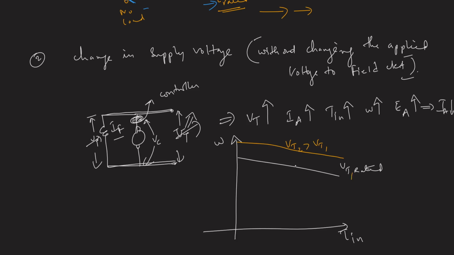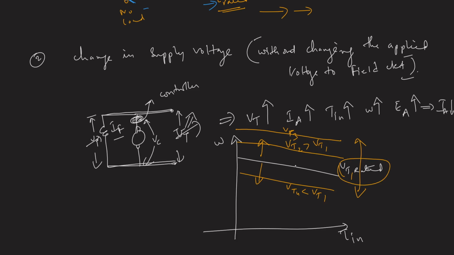Okay, so as I increase the supply voltage, it goes on like this. Or if I decrease, it will come down. This is VT4, which is less than VT1. Okay, so that is how I can control the graphs over a wide range with the change in supply voltage.